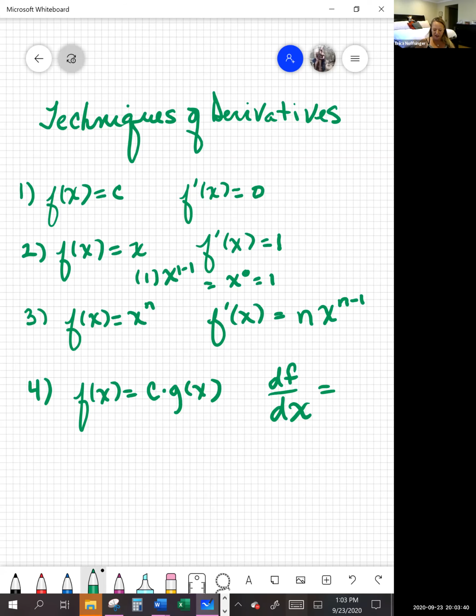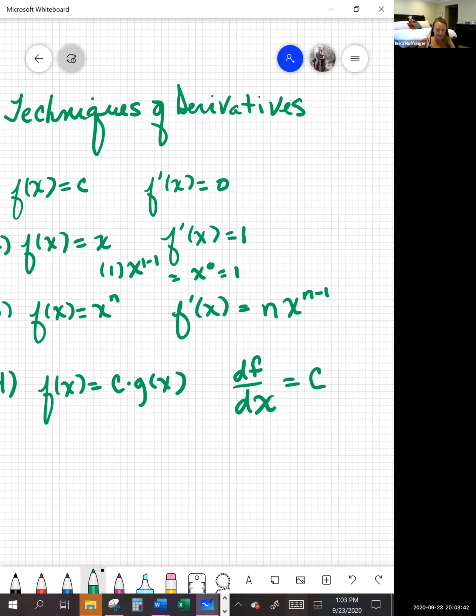Right. And so c times the derivative of g of x. This is just the other notation of saying we're taking the derivative of our function f of x. And so instead of saying f prime, how could we rewrite the derivative of g of x in the notation that we had started with here, which I think is Leibniz notation? So dg all over dx.